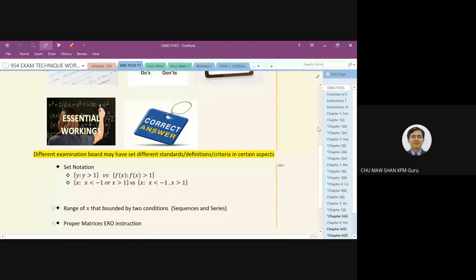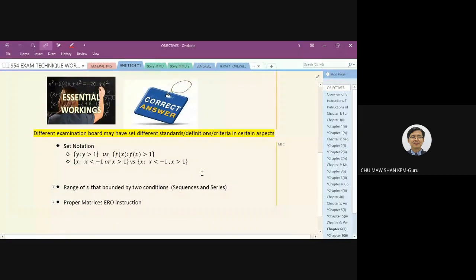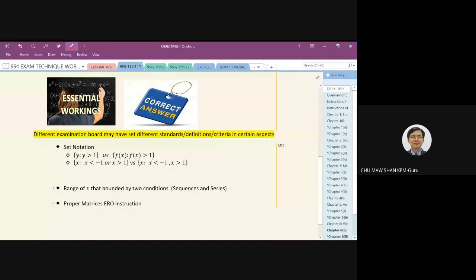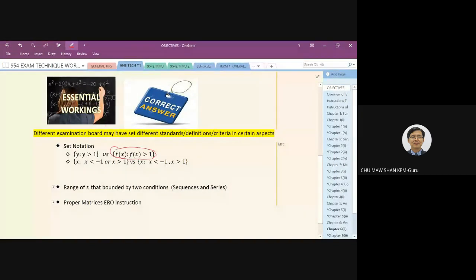First of all, I would like to say that different examination boards may have different standards or definitions of criteria in certain aspects. For example, when we write our answer in set form, you see the second version, this one. This version has been popularly used in SPM, and it does not have any issue at all.